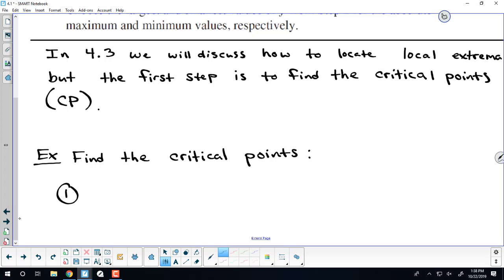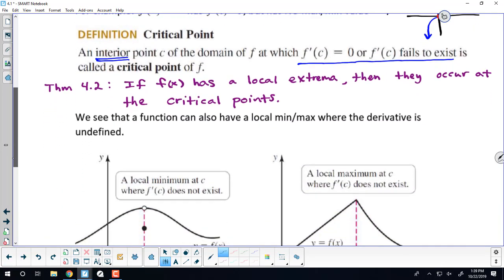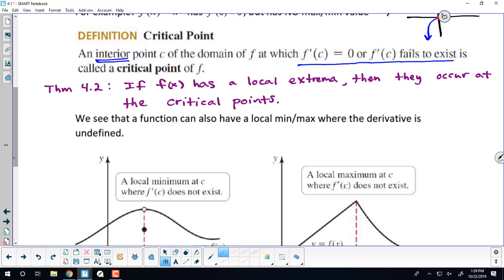So I'm going to go back to the definition first, just so we can remind ourselves: the critical point has to be an interior point of the domain of your function. Okay?